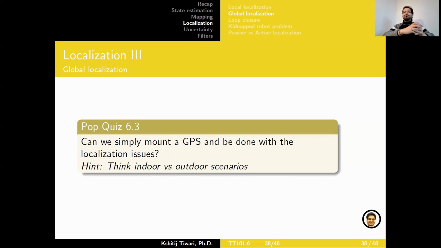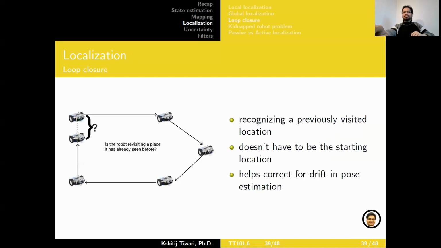To give you some breadcrumbs to get the discussion started, think about indoor versus outdoor scenarios. That's all I'm going to tell you at this stage, because if I say anything further, you'll probably get the answer way too quickly. So basically, whether GPS solves all the problems or not, that's the thing you're asking yourself here.